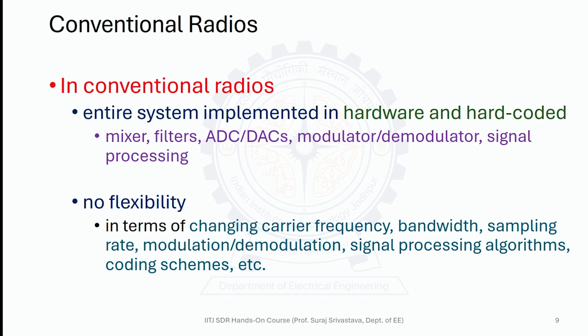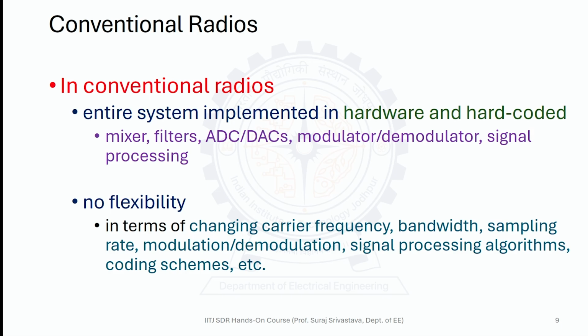When we say that a conventional radio was implemented in hardware and hard coded, that means the parameters of these components, for example mixer, ADC, DACs, modulators, demodulators, cannot be changed.